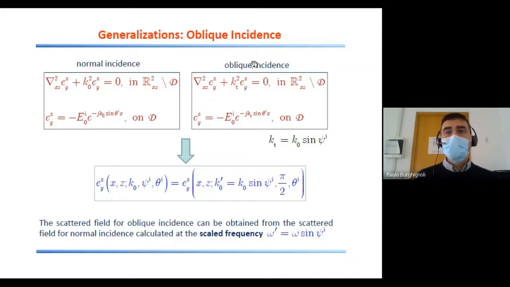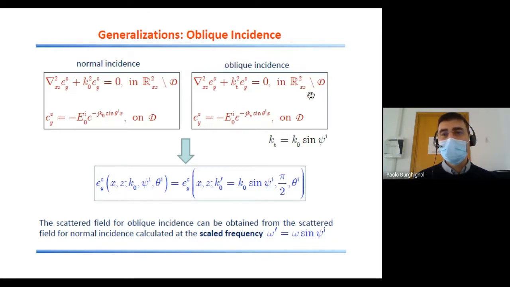Now, however, in the Helmholtz equation, you don't have the wave number k0 squared, but you have only the transverse component of the wave number, so kt squared, where kt is k0 times the sine of the angle psi I. And the boundary condition is exactly the same as the previous one for normal incidence, but we replace k0 with kt, but everything else is the same.